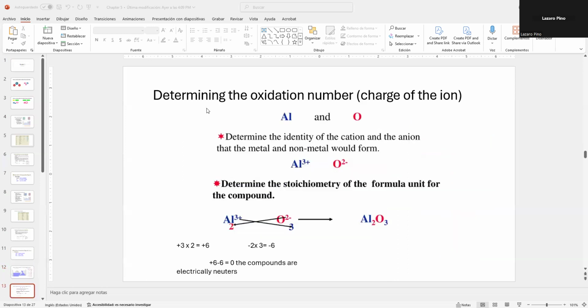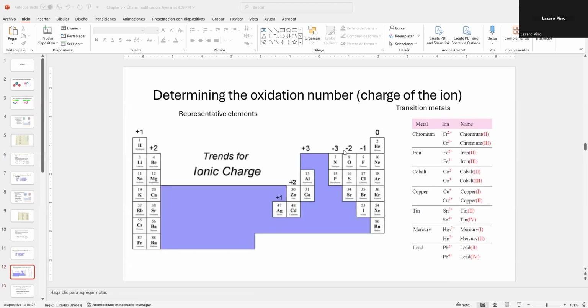How can we determine the oxidation number, also known as the charge of the ion? For example, say we have a compound made of aluminum and oxygen. And we know that aluminum is +3 and oxygen is -2.